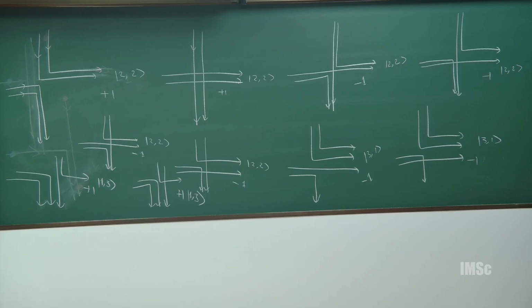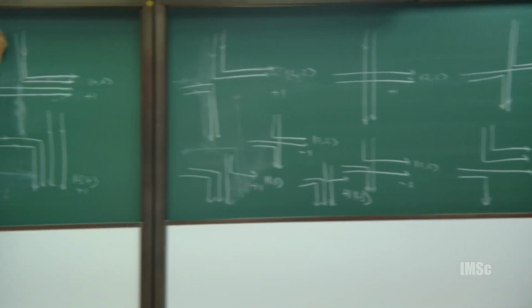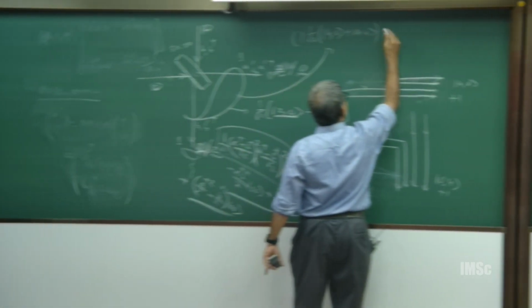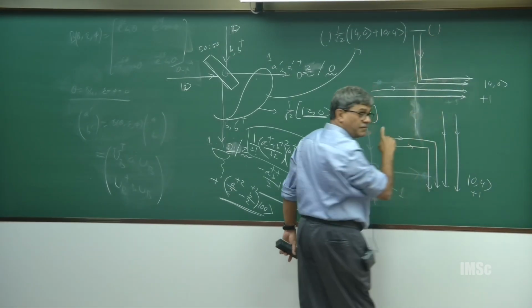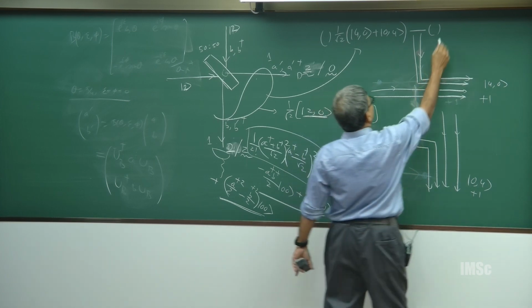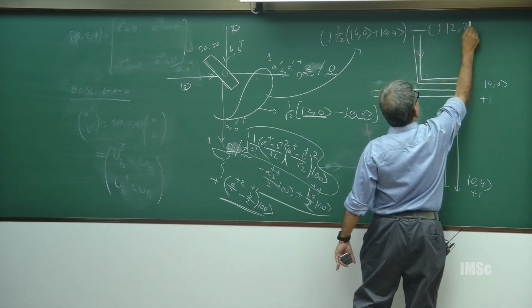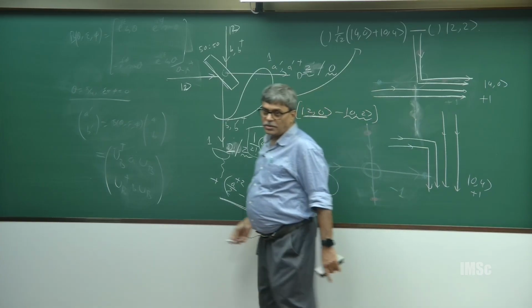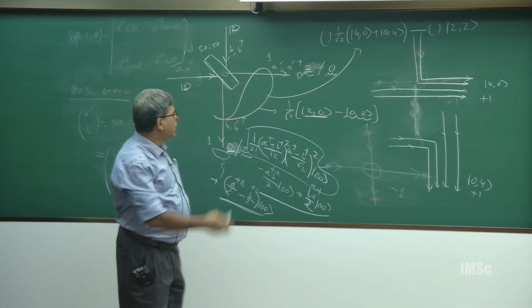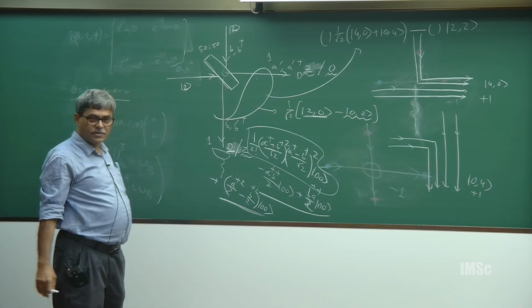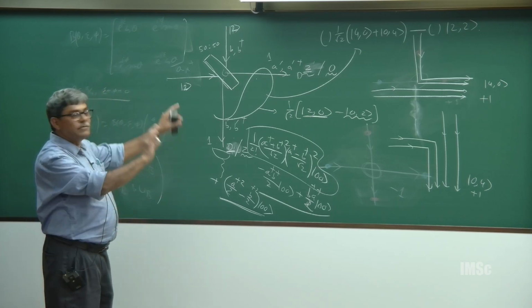In this 2 2 case, it will be some factor 1 upon root 2, 4 0 plus 0 4, and then minus some factor. This factor we will have to figure out. This is 2. We know the factor 2. Yes, that we can figure out, but this is the form.